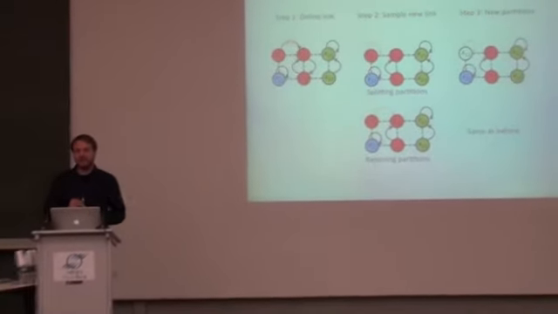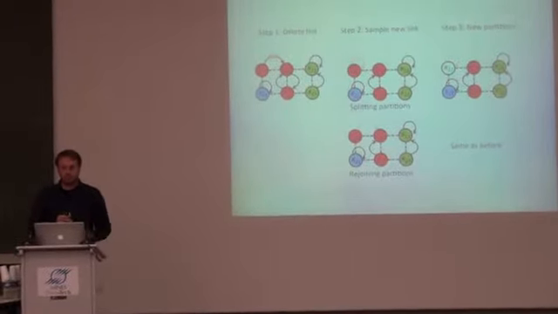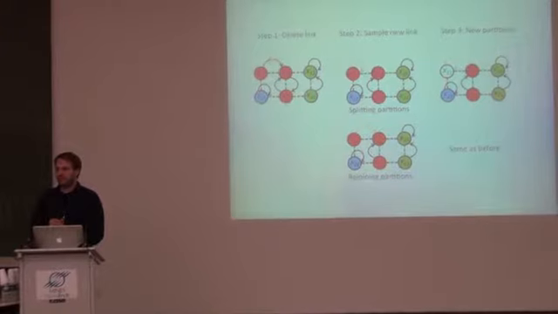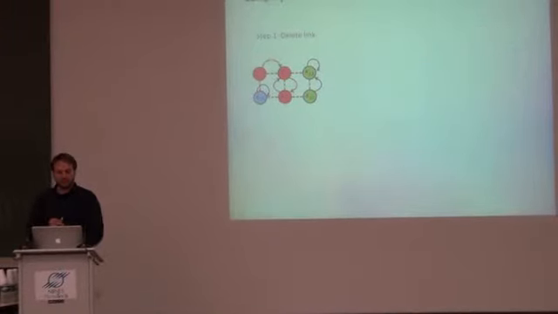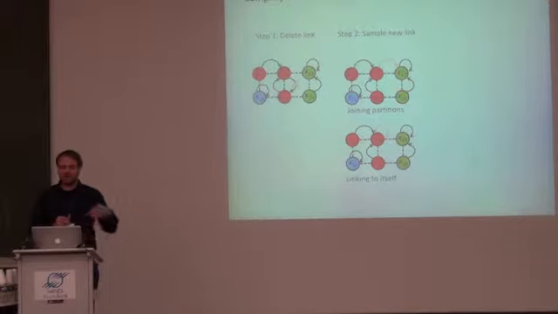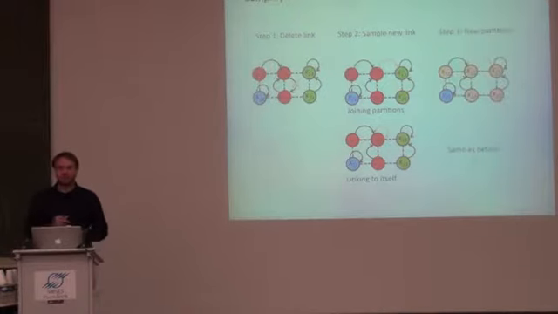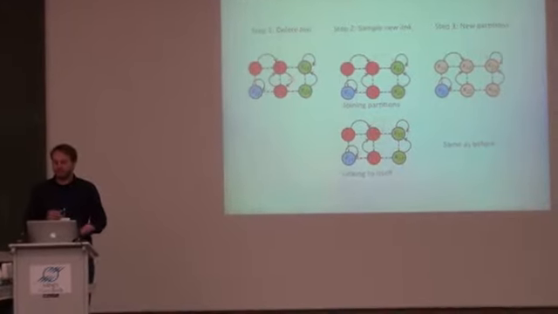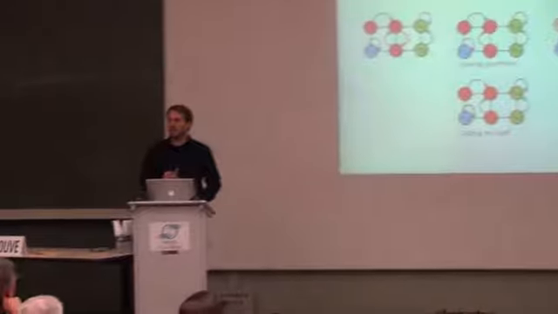Or if we just link back to the same voxel as before, we keep the same partitioning structure. Another scenario is that we delete a link and link the current voxel to an existing partition, which merges the two partitions together. If we sample a self-link, we get the same partition structure as before.